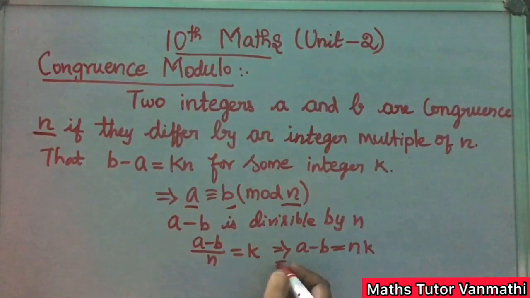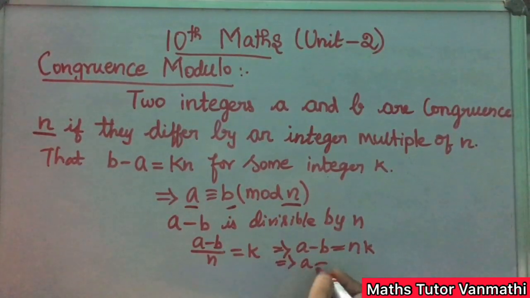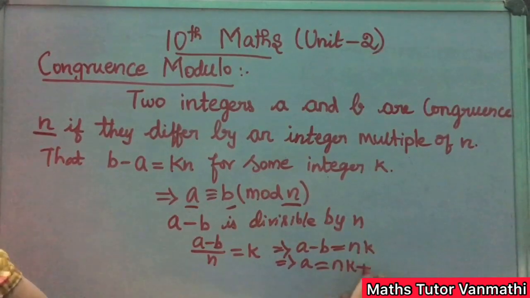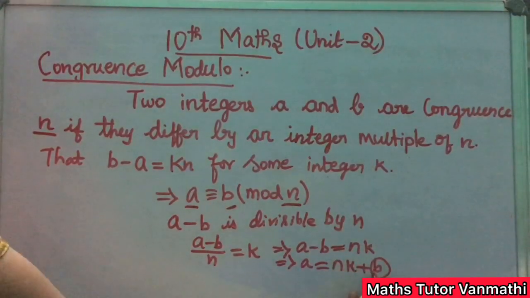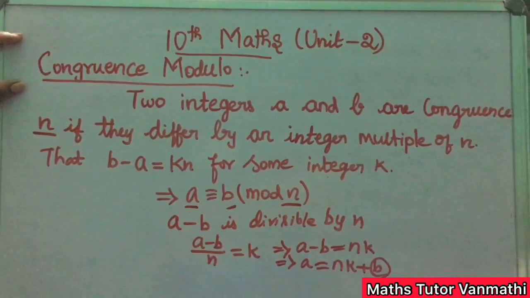Further this can be written as a is equal to nk plus b, since minus b goes to that side and becomes plus b. Here this b is your remainder. This is your congruence modulo. Based on this topic we are going to do many problems.